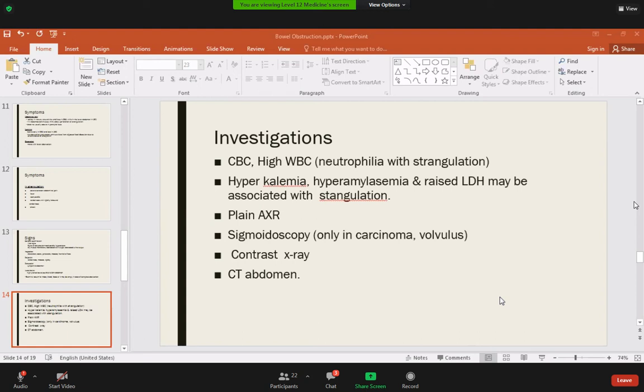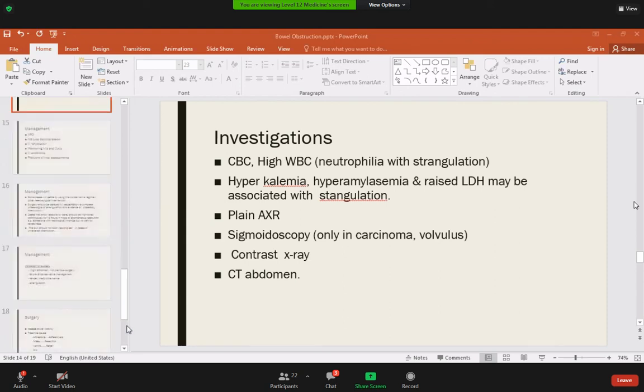When you are inflating the gut for the sigmoidoscopy, it corrects your problem too. Then, if needed, we can go for a contrast X-ray, especially in the case of large gut obstruction. And if the diagnosis is in doubt, we can offer a CT abdomen to identify the cause of this obstruction.